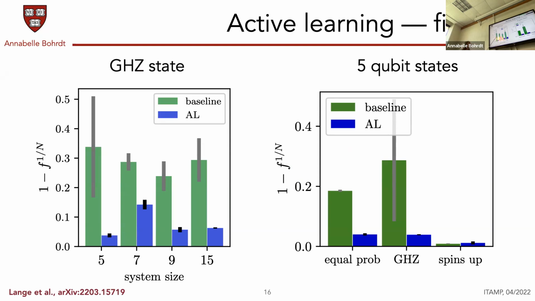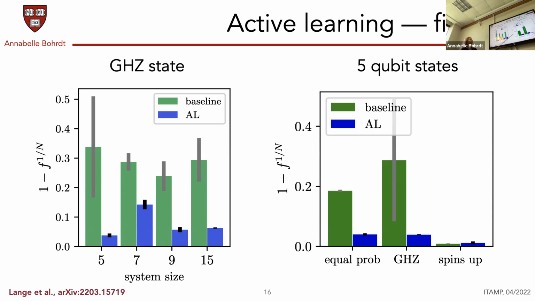For the baseline, this can be quite large, whereas for the active learner it's much smaller. That means if you have these informative basis configurations, you get a better reconstruction, and you get a good reconstruction with a higher probability. There's much less variance, so if you do the same thing over and over again, you will always get a very similar reconstructed state, which is also nice.